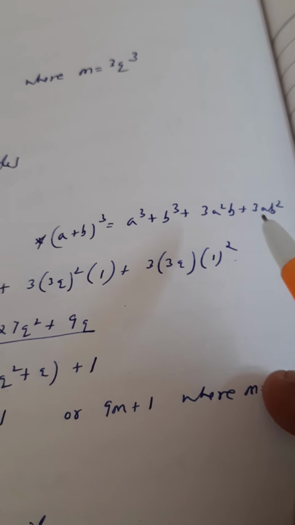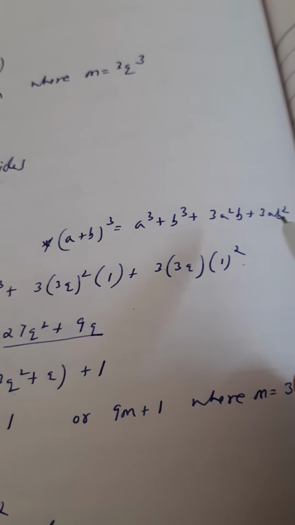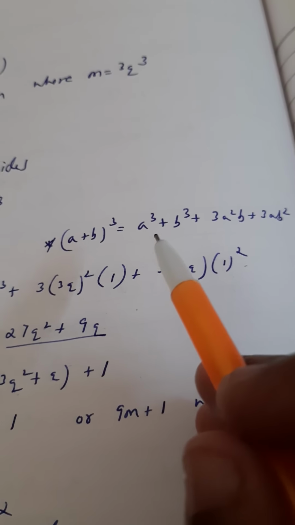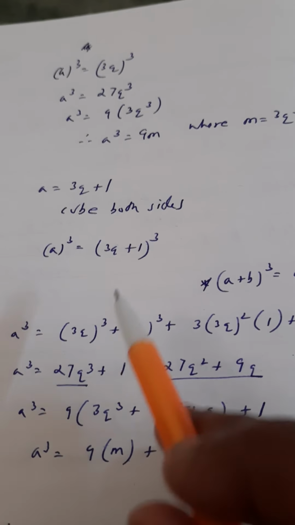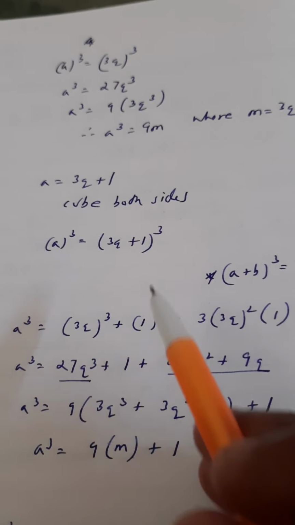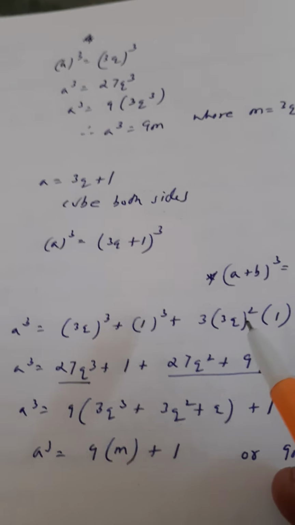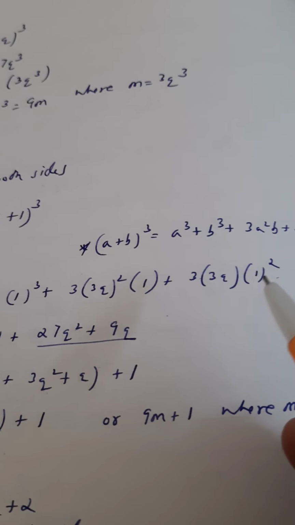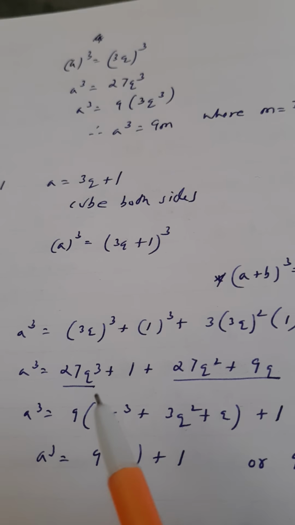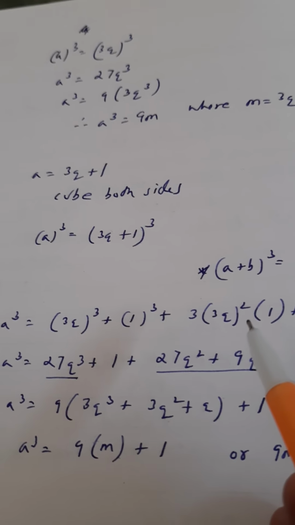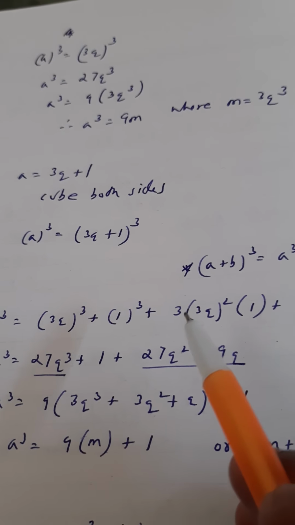You did this in class 9, but in case you have forgotten, you need to memorize this identity. Now I am going to use it here. So this will become 3q whole cube, plus 1 cube, plus 3a square b plus 3ab square. Solving this, you get 27q cube, and 3 square is 9, 9 into 3 is 27.